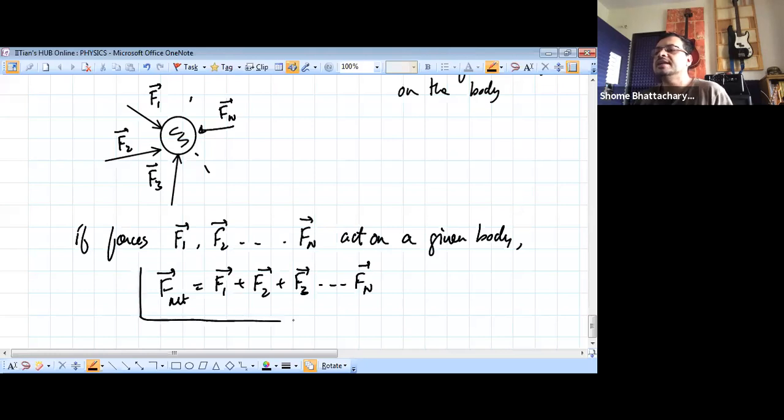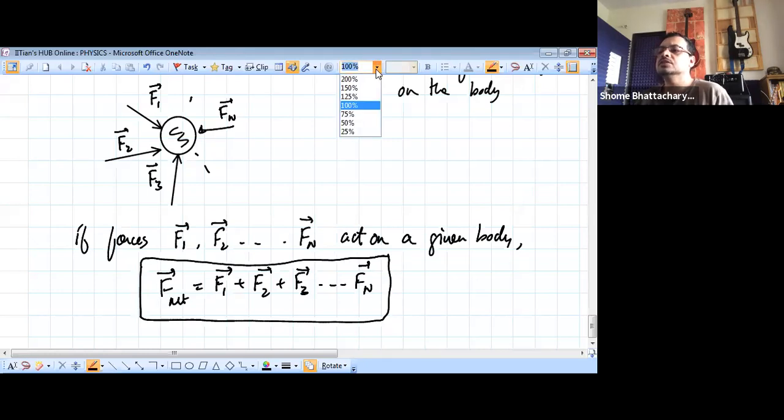Adding up the forces by the principles of vector algebra gives us the net external force, which is the left hand side of Newton's second law.